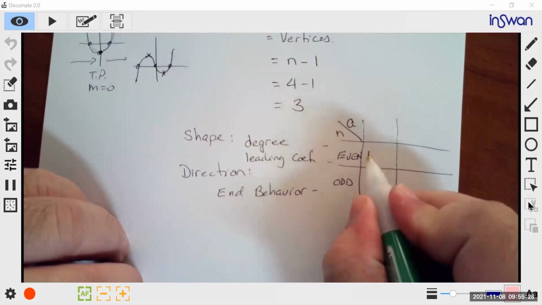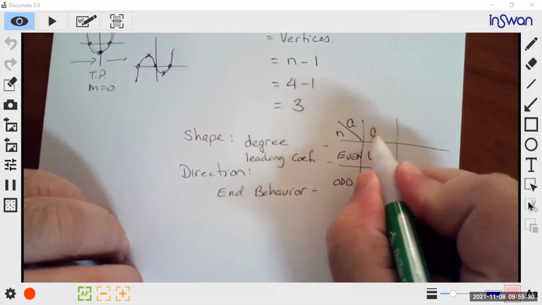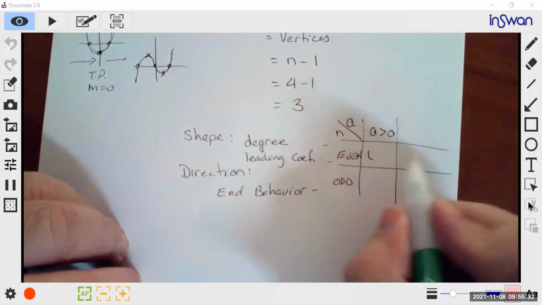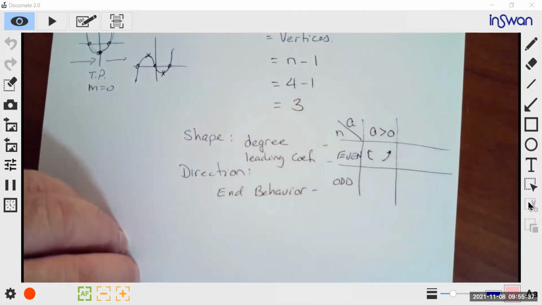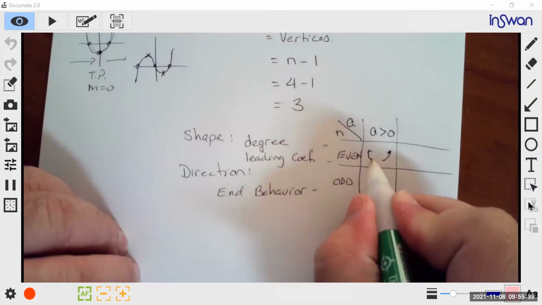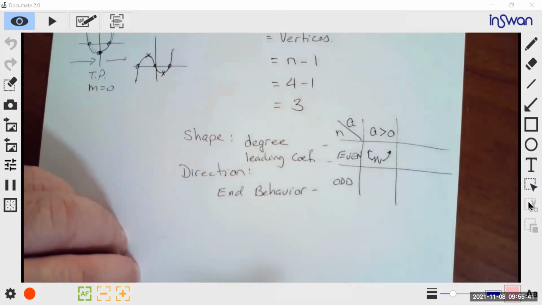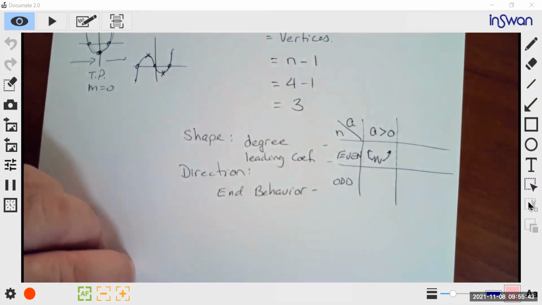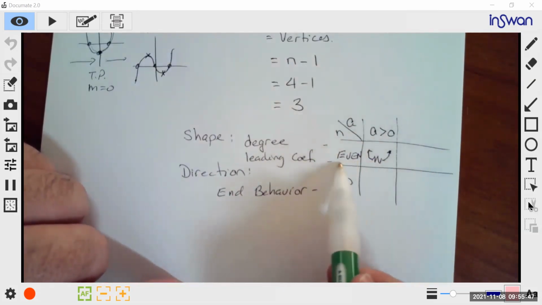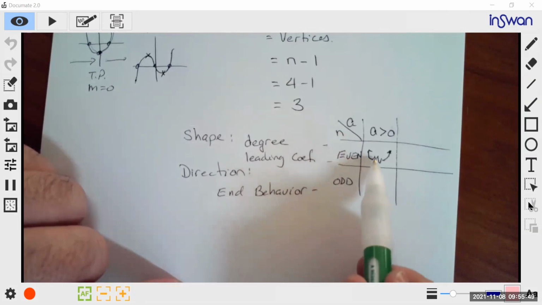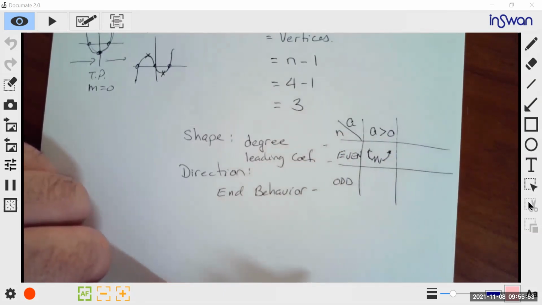So if our leading term is positive, then our graph points up. What happens in the middle we have to figure out, but we know the end behavior. If n is even and a is positive, both ends point the same direction, up.